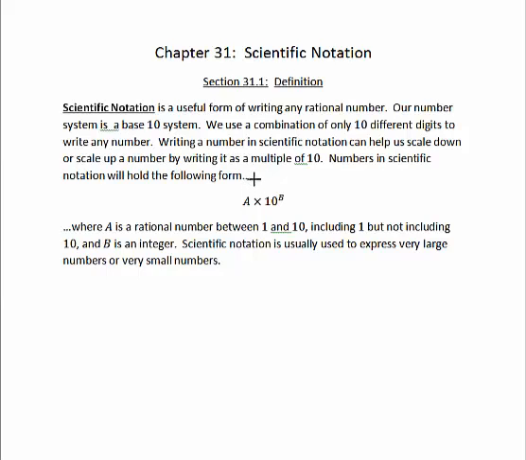Since our number system is based on 10, we're going to write numbers in terms of powers of 10. What we see here is the format for a scientifically notated number.